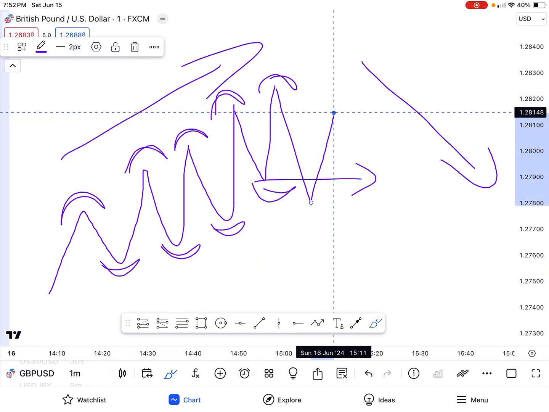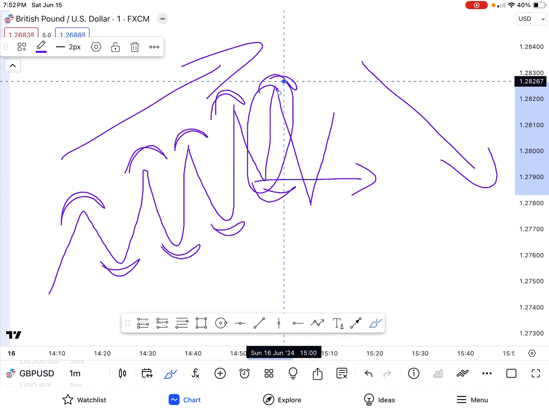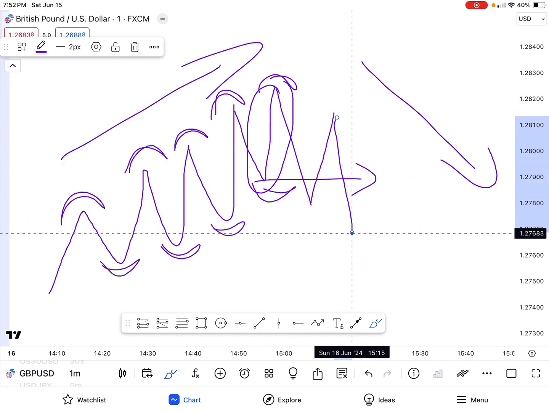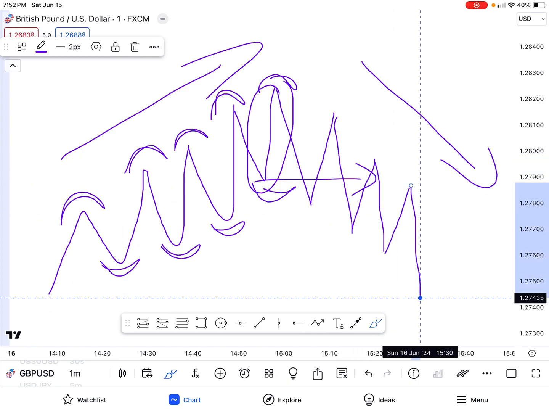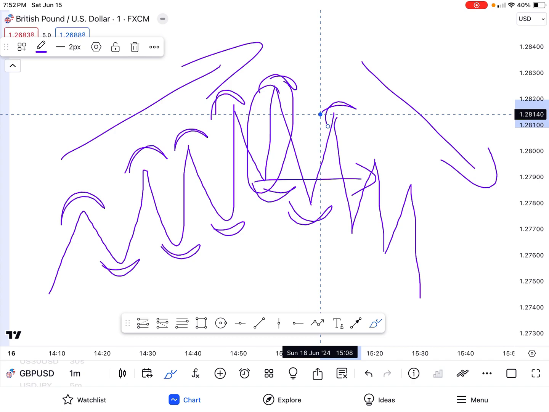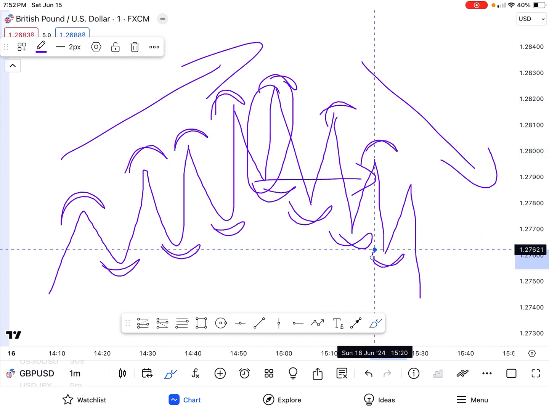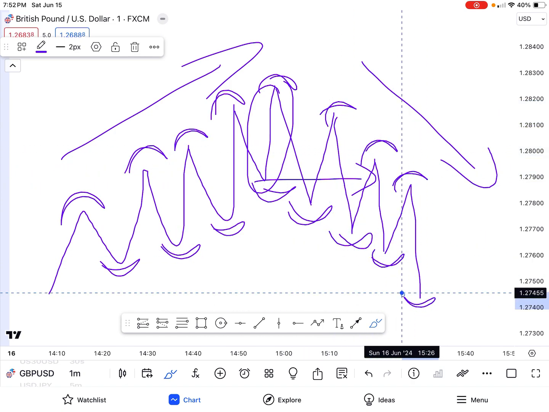Price retraces back up into this last up move and mitigates out of there, making a new lower low, lower high, lower low, lower high, lower low. So these are the signs that you want to see.